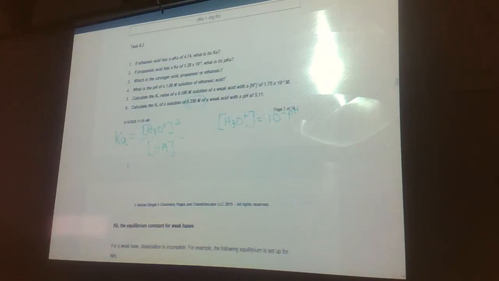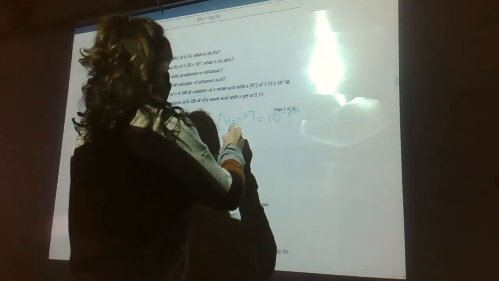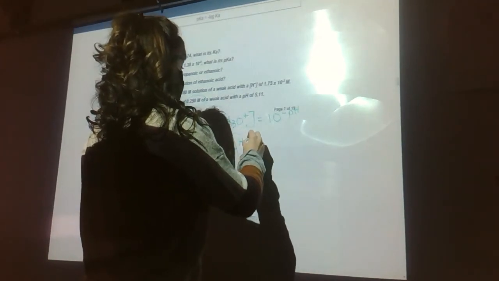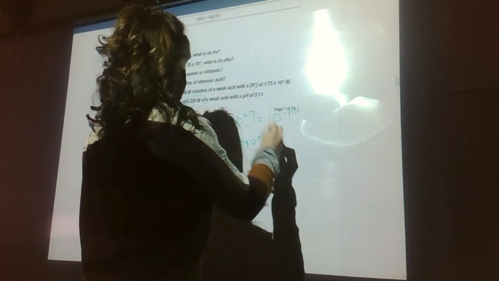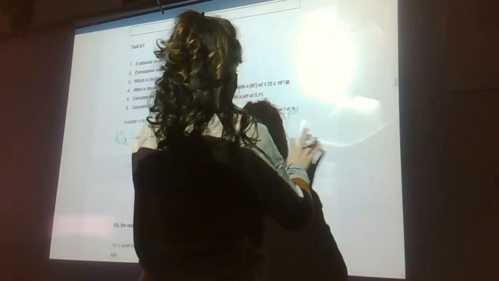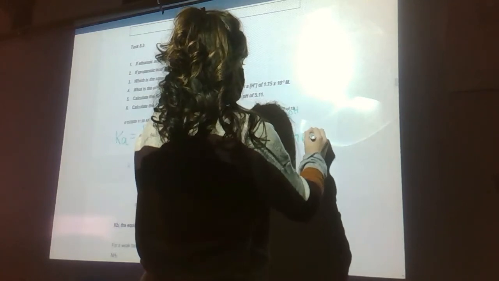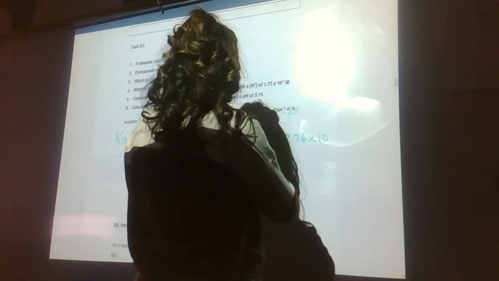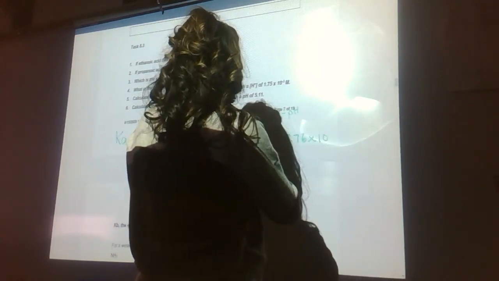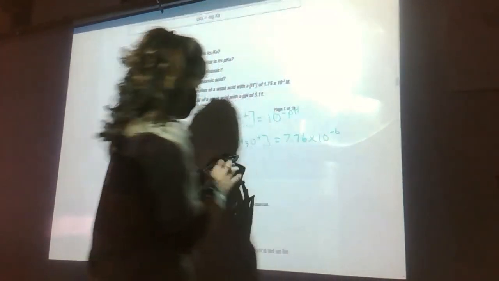So, my hydronium concentration is, well, I'll put it in scientific notation, 7.76 times 10 to the negative 6.